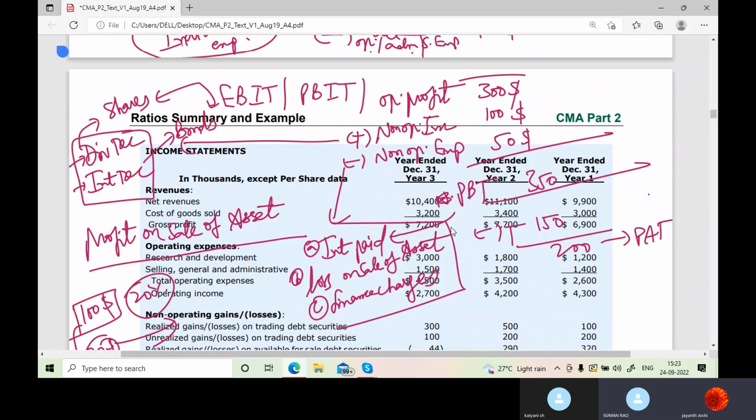I know I'm not writing neatly these things, but please try to understand and write now. I'll give a neat format down. Operating profit 300 plus non-operating income, that is 400, minus 50, 350.